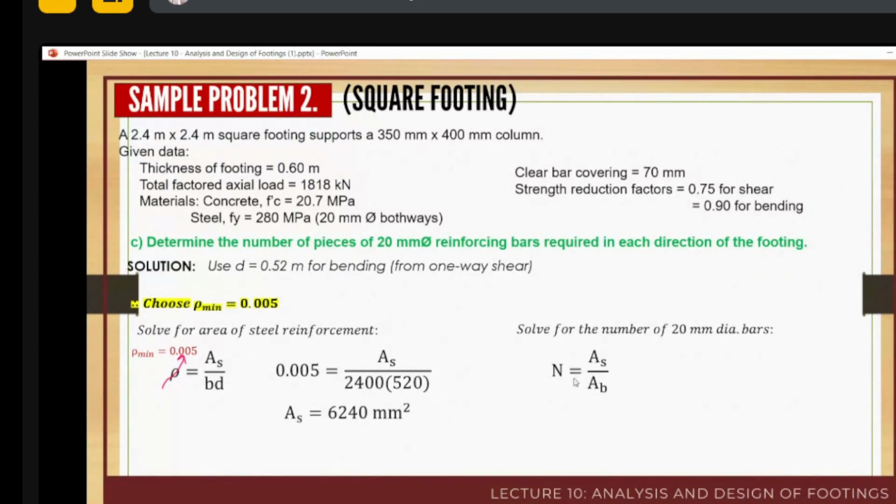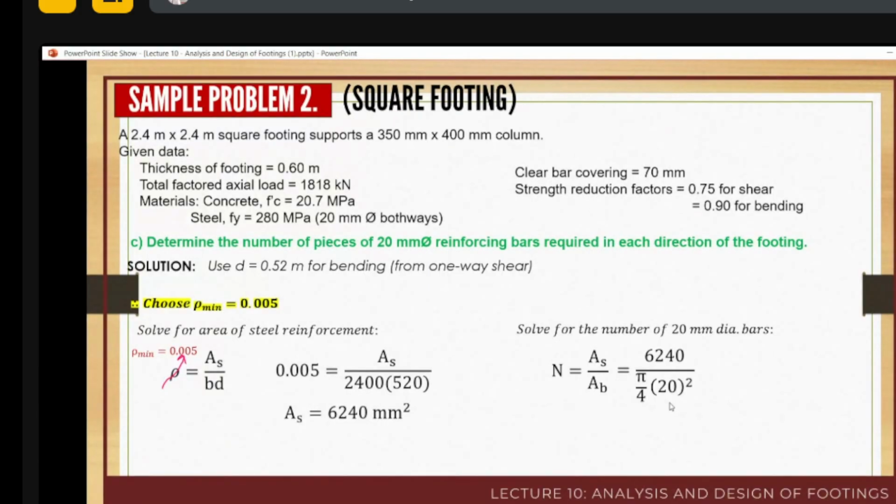So again, none of the areas of steel bars. So pila man ka number of steel bars. So kung 20 mm atong steel bars, so you have there 6242 divided by the area of one steel bar, A sub b, the area of the one steel bar. So area of steel bar, diba, kay pi over 4 d squared.